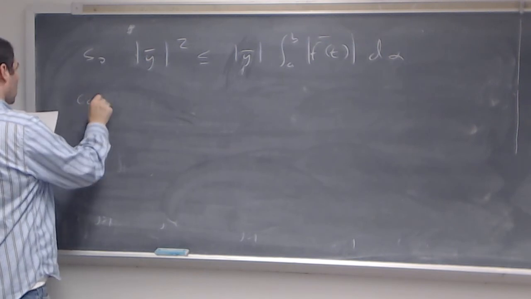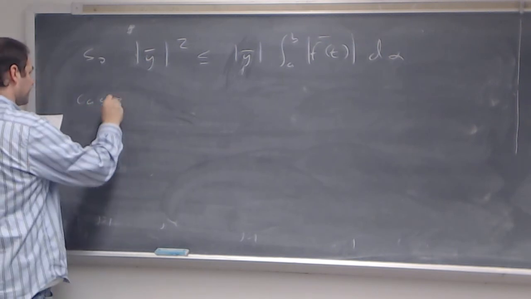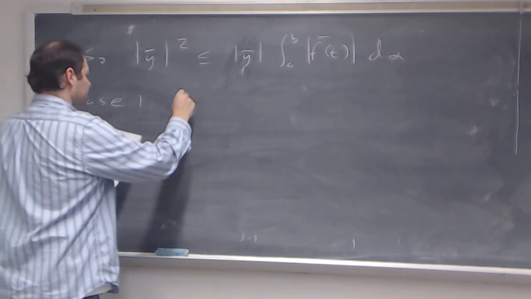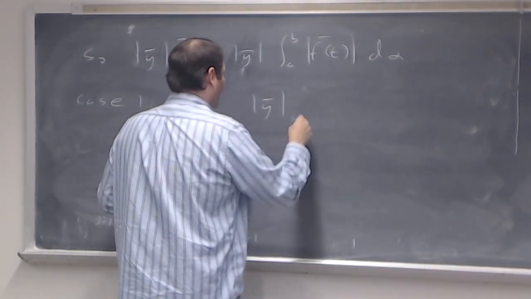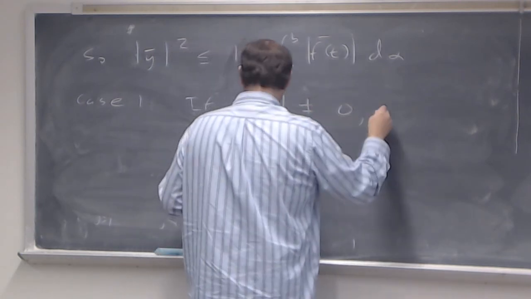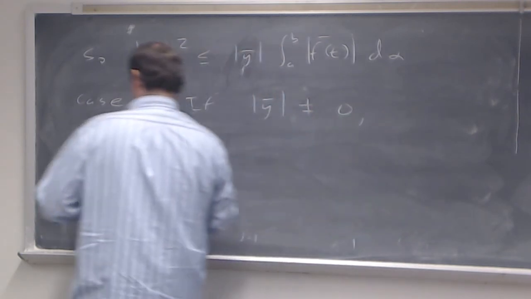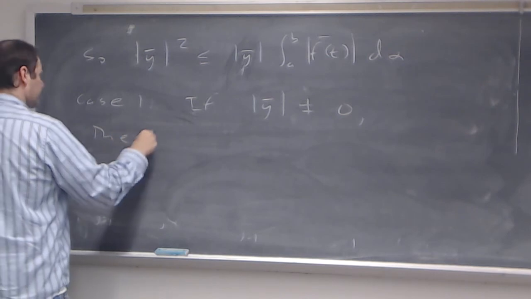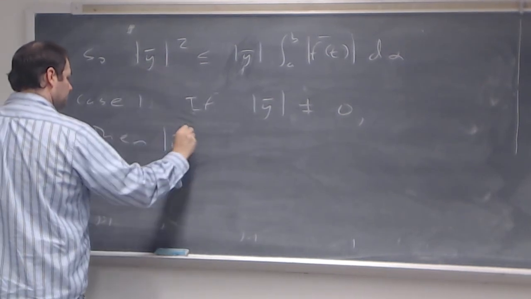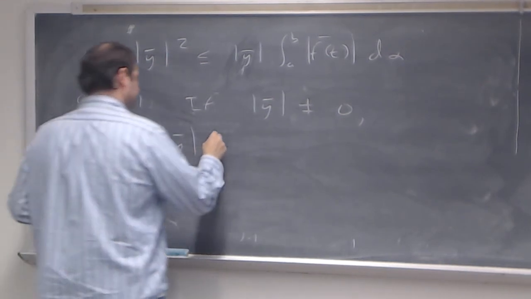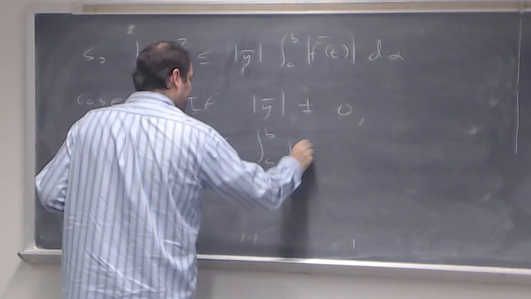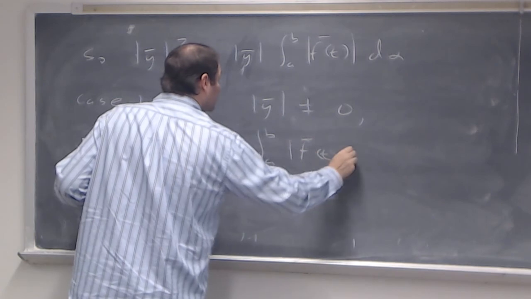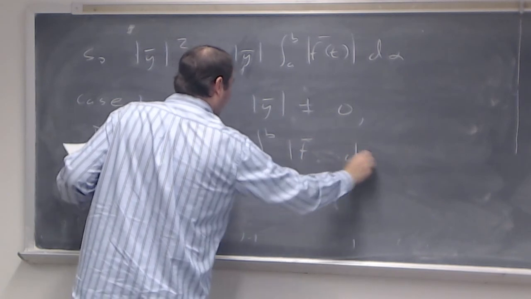So, case 1 is if this norm of y bar is not 0, then we have from here that the norm of y bar is less than or equal to the integral from a to b of the norm of f bar d alpha.